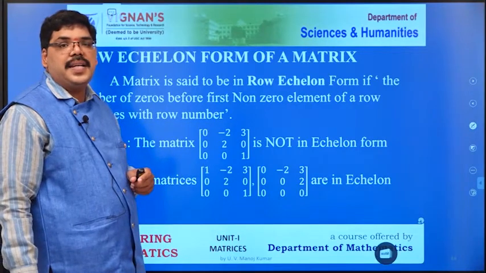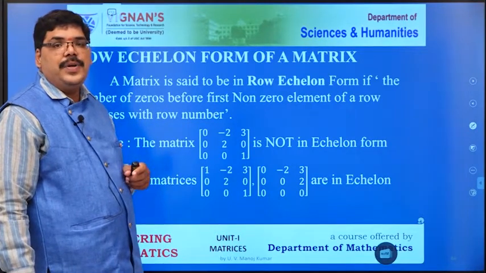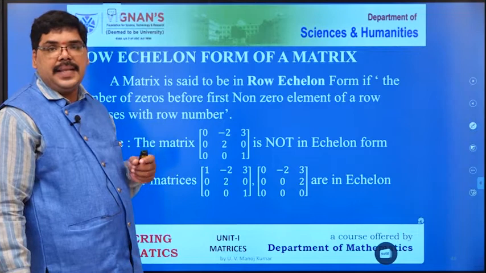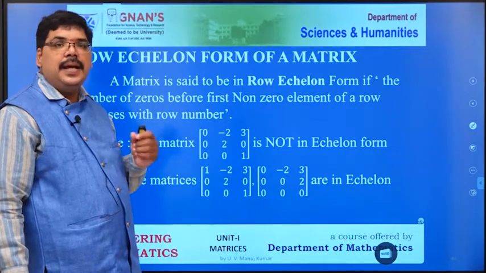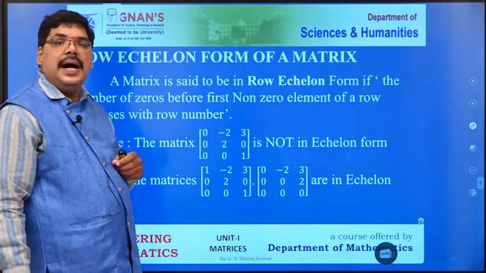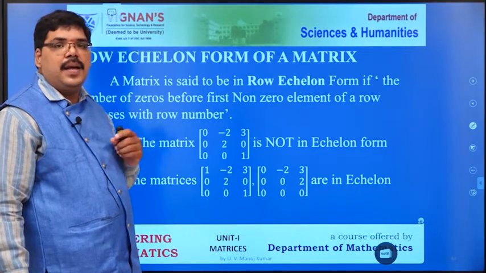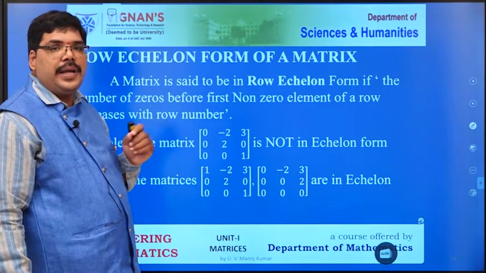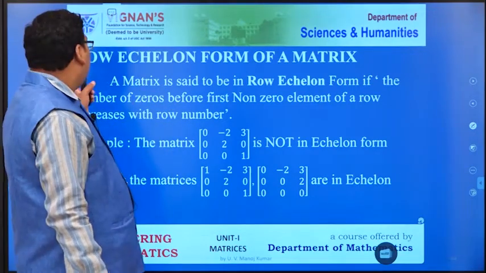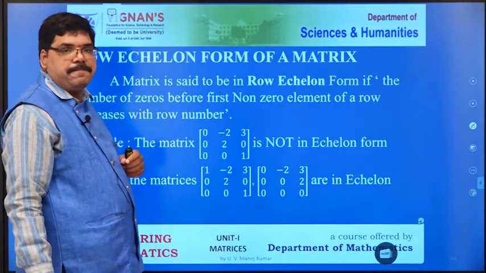When we are discussing finding rank, we said that there are 3 methods. First method is by minors, second method is by row echelon form, and third method is by normal form. Here we are discussing what is row echelon form. Row echelon form of a matrix.